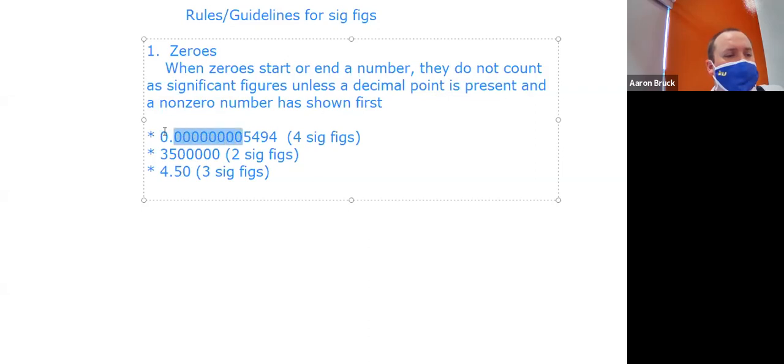So these ones didn't count because they were opening numbers. Even though there was a decimal place, there wasn't a non-zero number until we got to the 5. If I had added a 0 at the end here, that 0 would have been significant because it is now after a non-zero number.